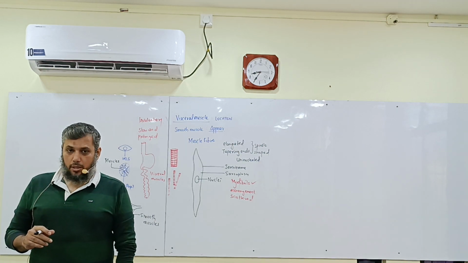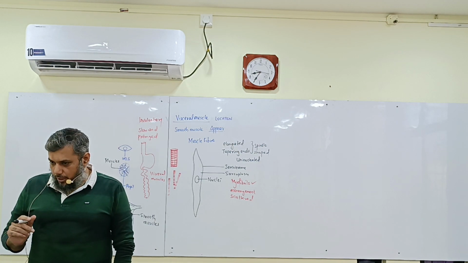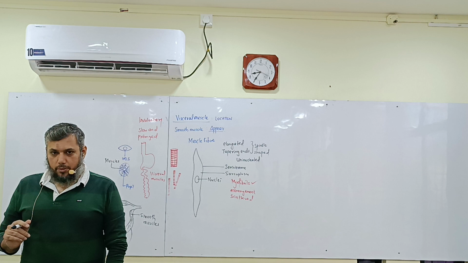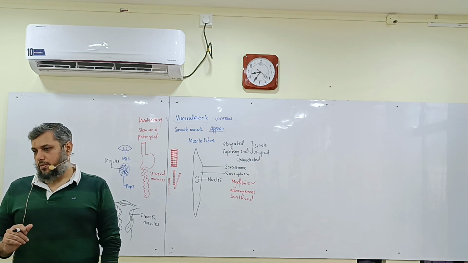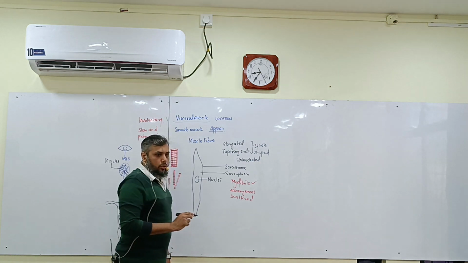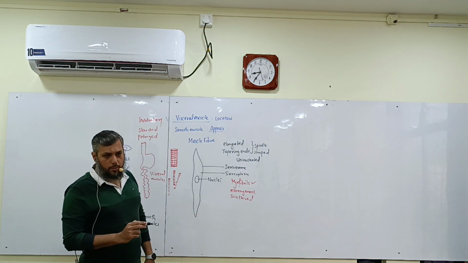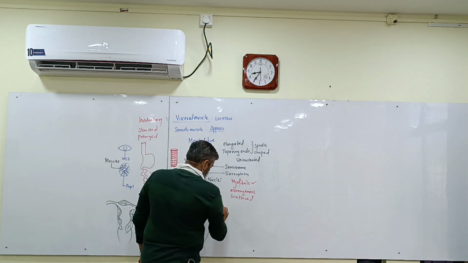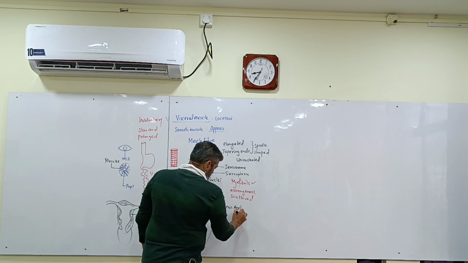Blood vessels, arteries, veins, they also show the presence of which muscles? Smooth muscles. So if you cut an artery, you know who is the biggest artery of the body? Aorta. Systemic aorta.